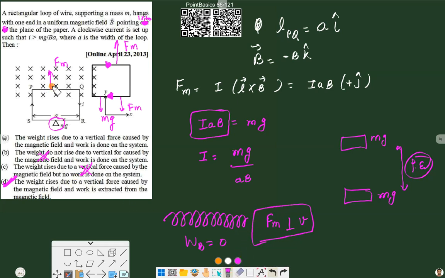But here we can easily say that the velocity is also upward, as the mass is moving upward, and the magnetic force is also upward. So here we will get some power out of this, and if we are getting power, it means there is some work done on the system by the magnetic field.